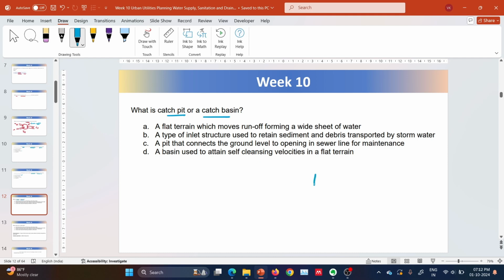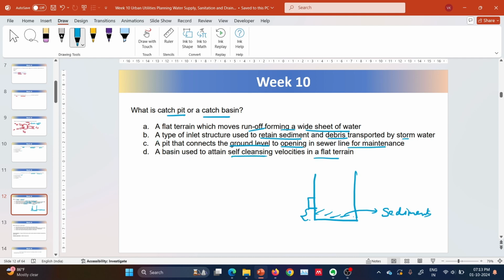What is a catch pit or a catch basin? The catch pit has its outlet above a certain level, so it is used to store sediments. The options: a flat terrain run which moves runoff forming a wide sheet of water; a type of inlet structure used to retain sediments and debris transported by stormwater; a pit that connects the ground level to an opening in sewer lines for maintenance; a basin used to attain self-cleaning velocity in flat terrain.